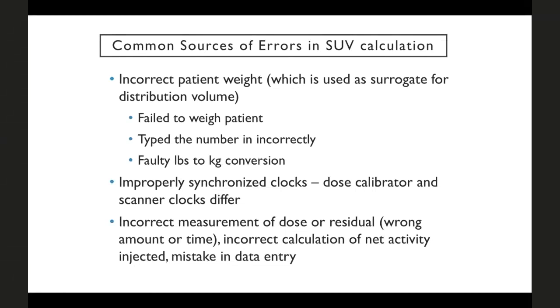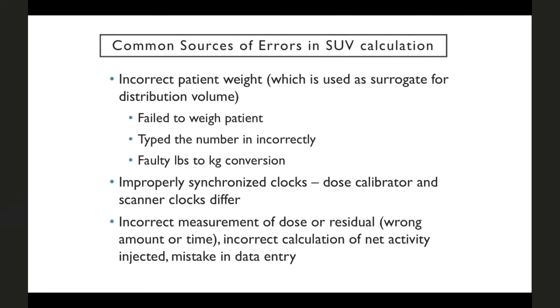We also need the clock at the dose calibrator, where you're going to record the measurements of how much was in the syringe to start with, and then after you've injected, you're going to bring the syringe back and measure what was left. And each of those has a time associated with it.